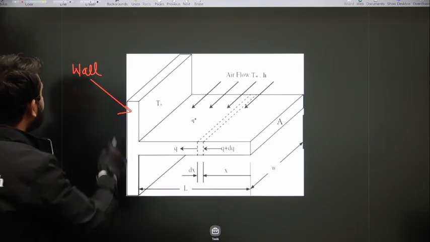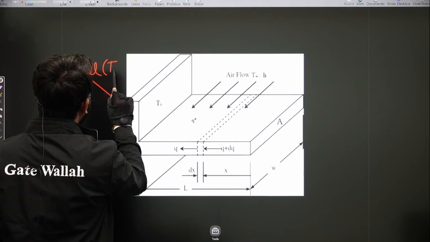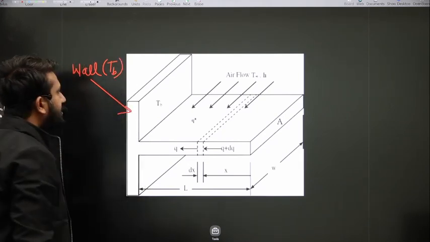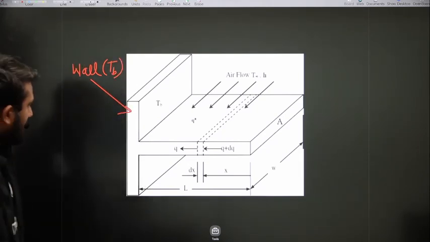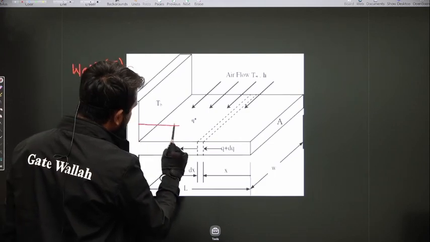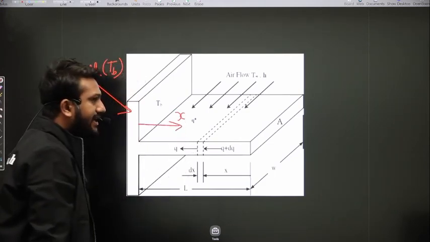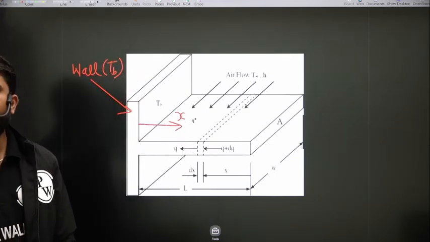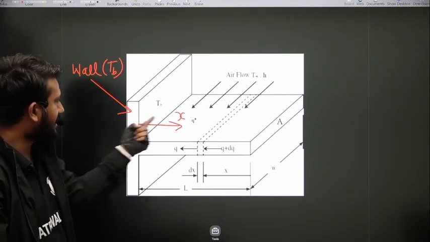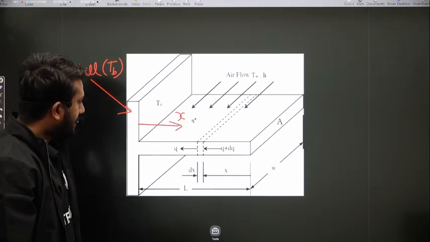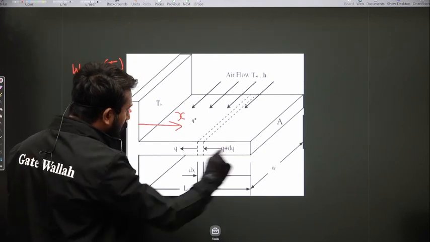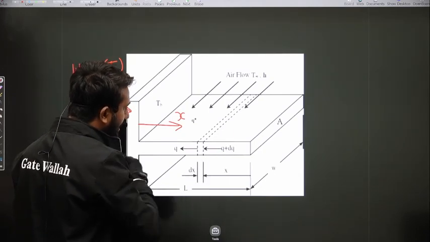And what is the temperature of the wall? I'm assuming the temperature of the wall is TB. And this is the x direction, as I already assumed unidirectional. Now see, the length of this extended portion, the length of this fin, is L.